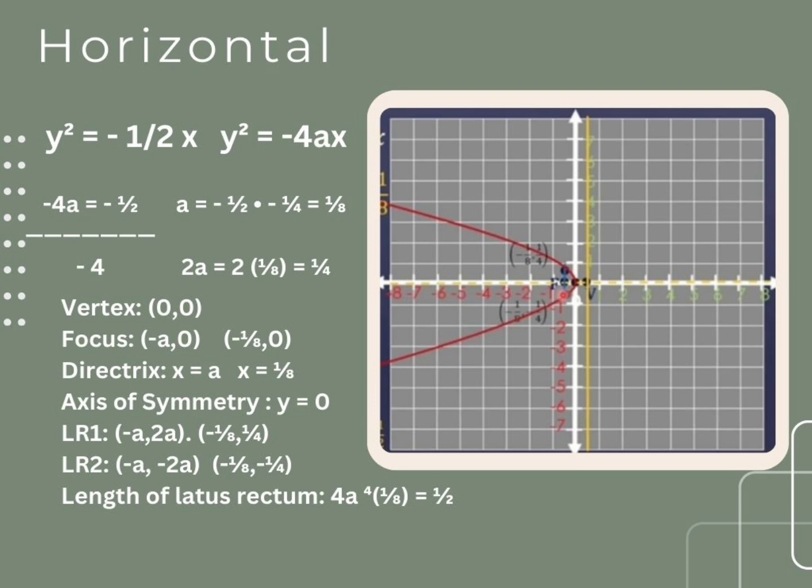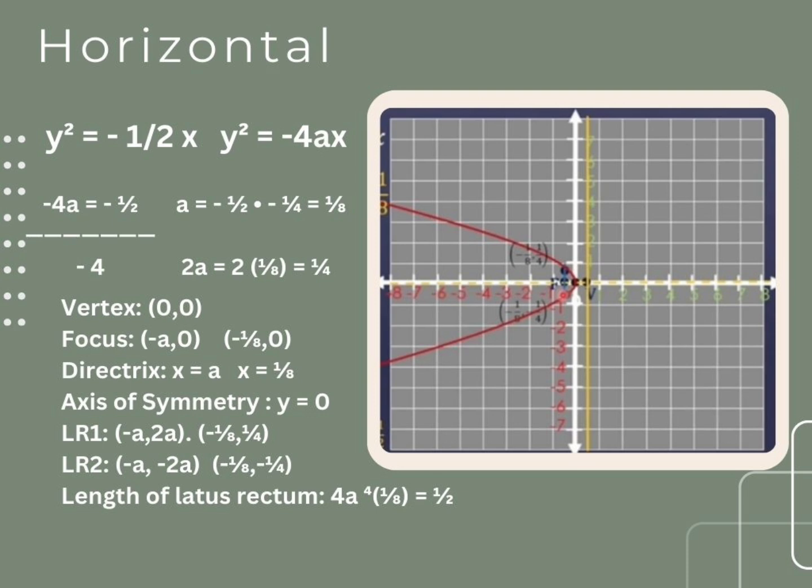And for plotting the parabola, the coordinates for the vertex are 0 and 0. For the focus, it is (negative a, 0), which is (negative 1/8, 0). For the directrix, x equals a, which is x equals 1/8. For the axis of symmetry, y equals 0.